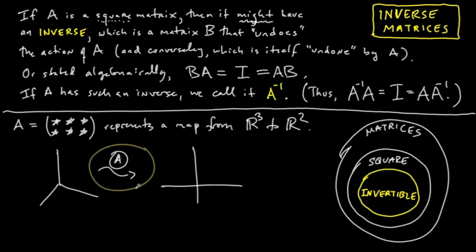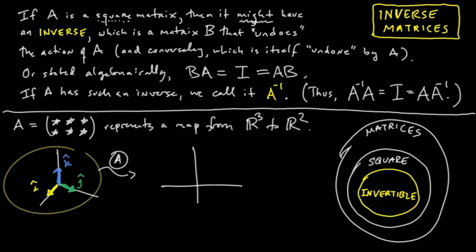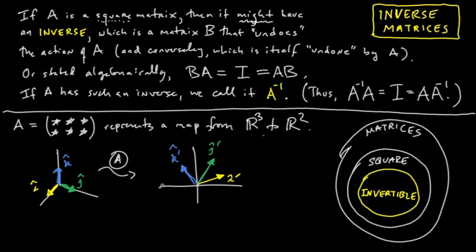We know that a linear map, or matrix that represents it, is a grid transformation. It acts on the standard basis vectors of the domain, and everything else gets dragged along for the ride. So let's suppose that this matrix, this map A, takes the standard basis vectors i, j, and k and sends them to, say, these 3 vectors in R2, which I'm calling i prime, j prime, and k prime.